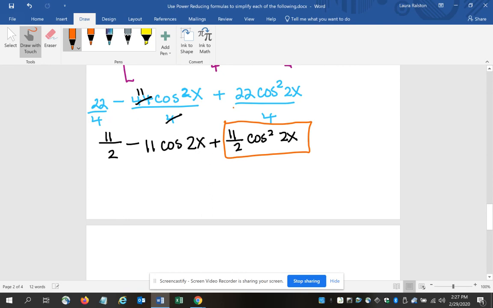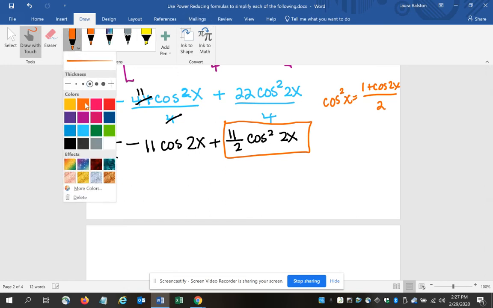But now, instead of the sine formula, which we started with, we need the cosine. So remember that the cosine squared x formula is 1 plus cosine of 2x all over 2. Okay, so remember, all the other pieces are still going to stay the same, and they're going to tag along with us.